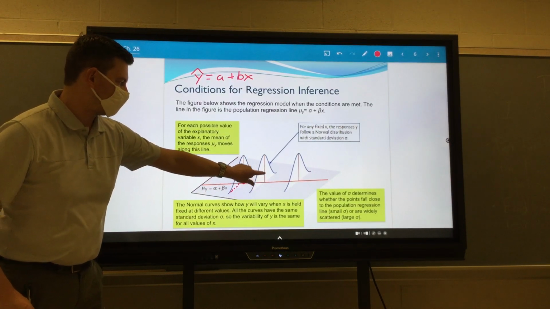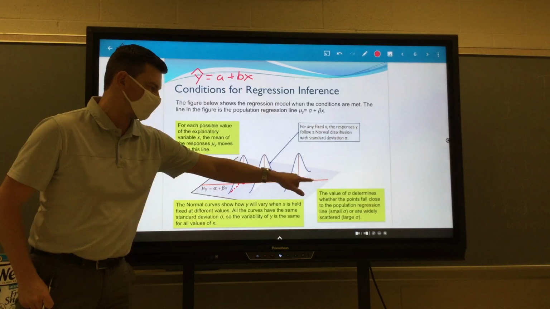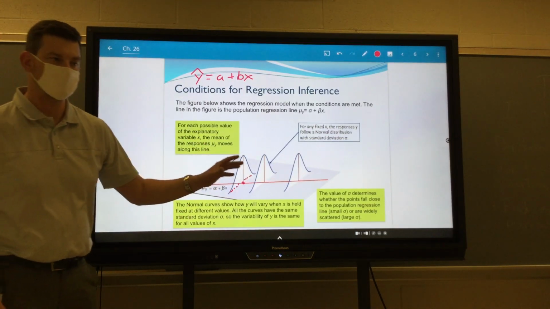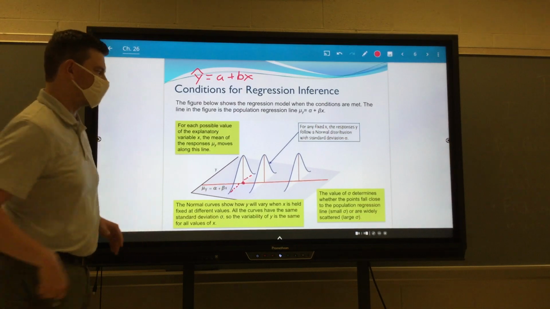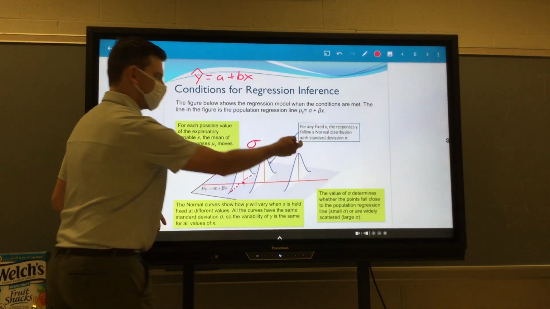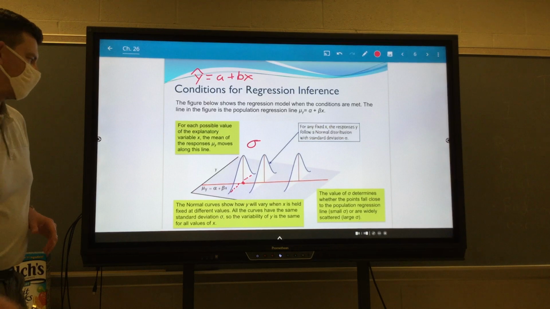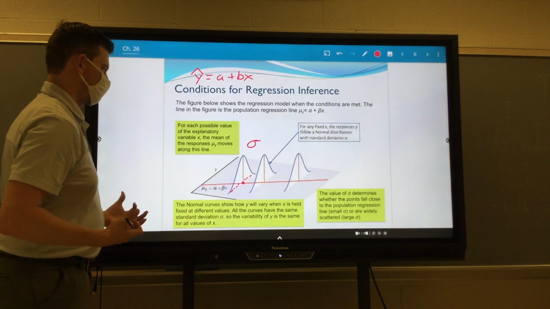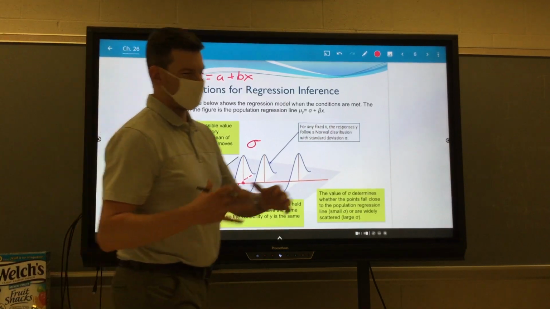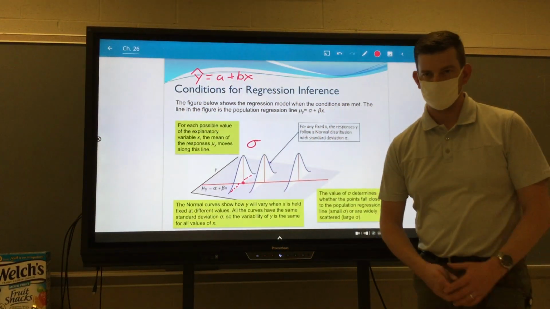We have the same distribution, identical distribution for whatever x value we're estimating. And the standard deviation of this distribution is this sigma. It is the standard deviation of these y responses. I should pause. Any questions up to this point?